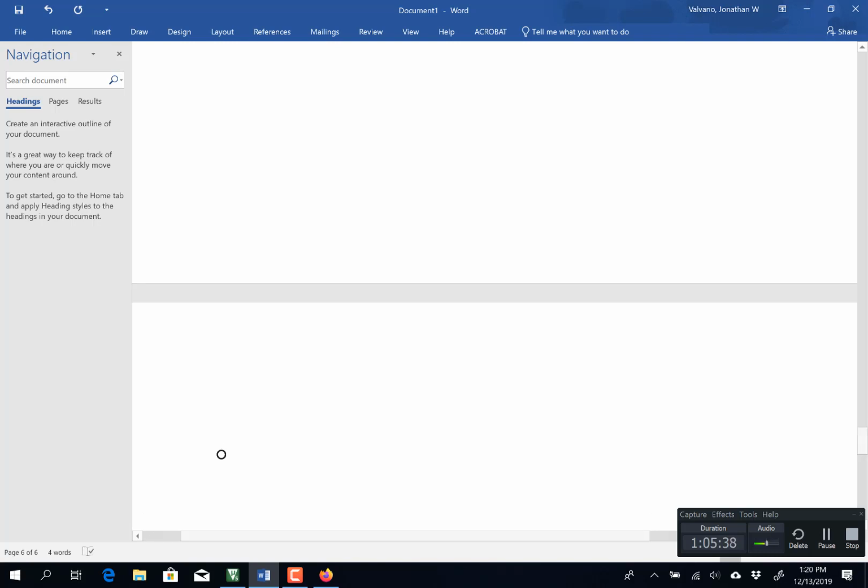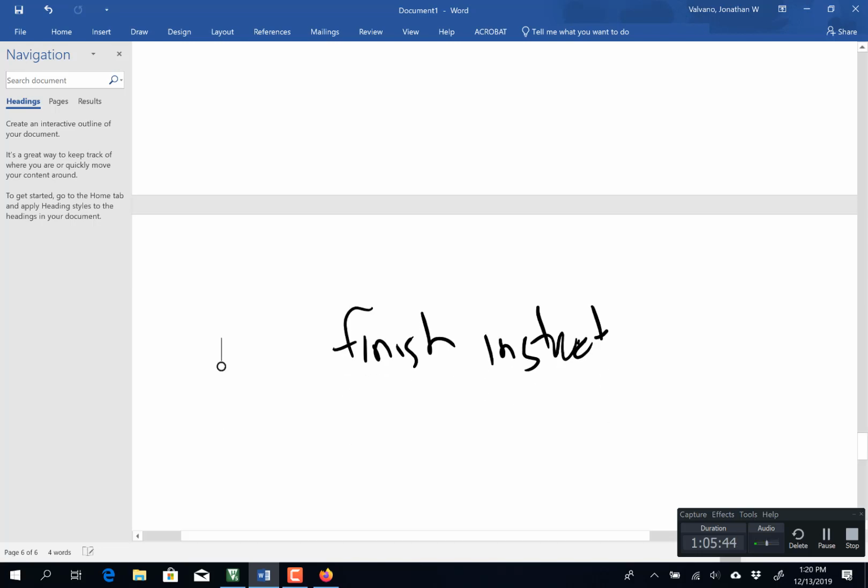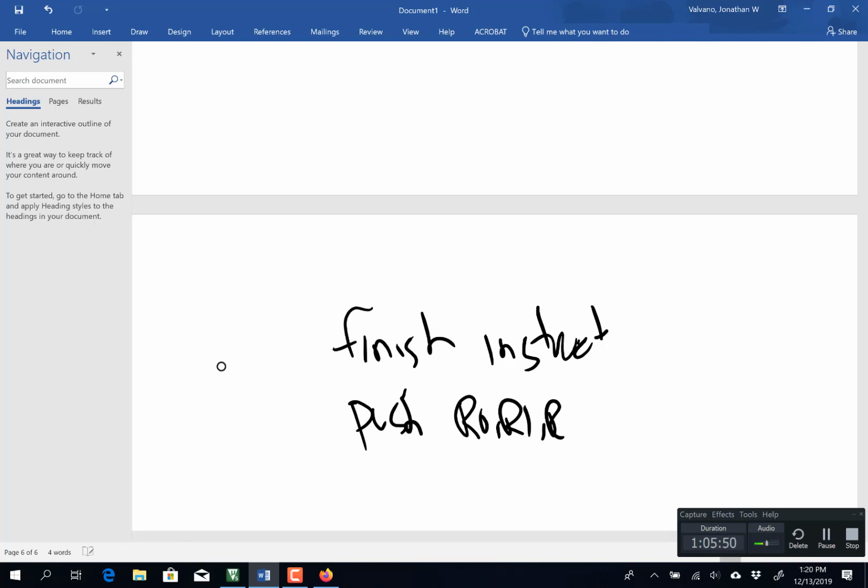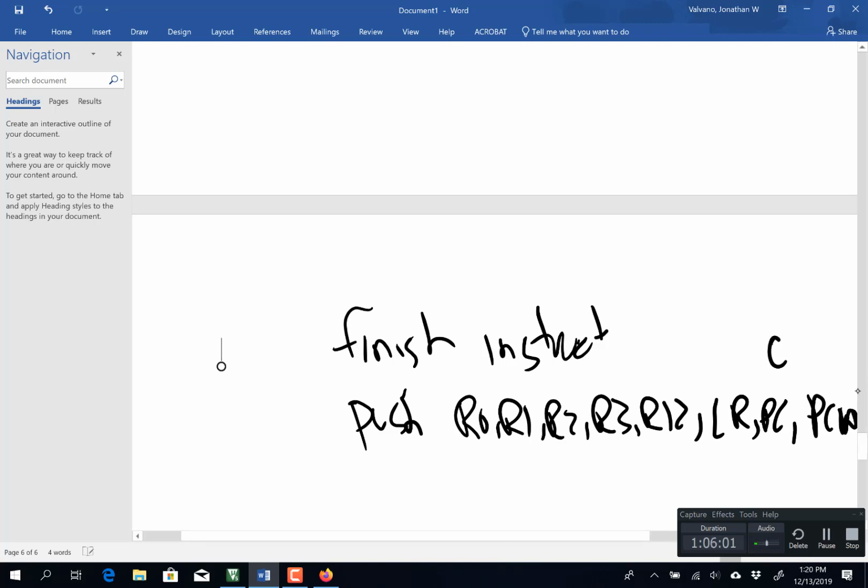It will finish the instruction. And then it will push R0, R1, R2, R3, R12, link register, program counter, and the program status word, which has the carry bit, the N bit, the Z bit, and the V bit. Program status word. 8 registers.